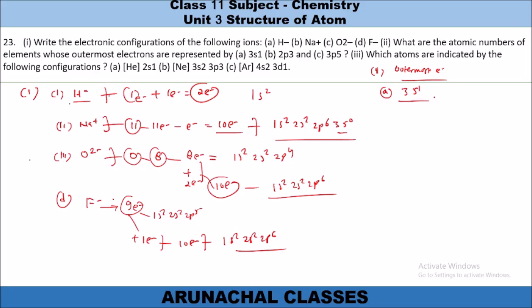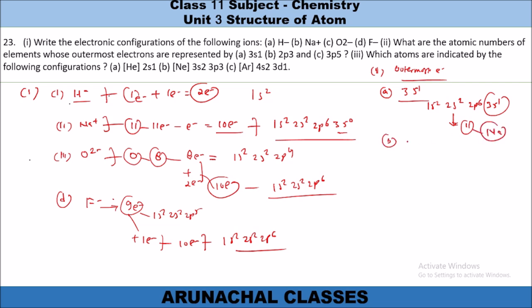Before 3s1, the orbitals which are completely filled are 1s2, 2s2, 2p6, then it comes to 3s1. So 6 plus 2 is 8, 8 plus 2 is 10, 10 plus 1 is 11, so it is the element with atomic number 11, sodium.